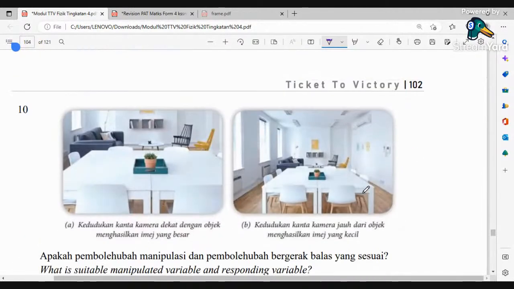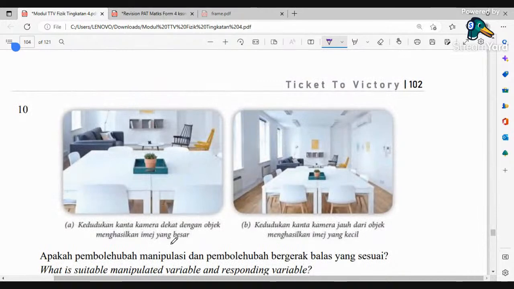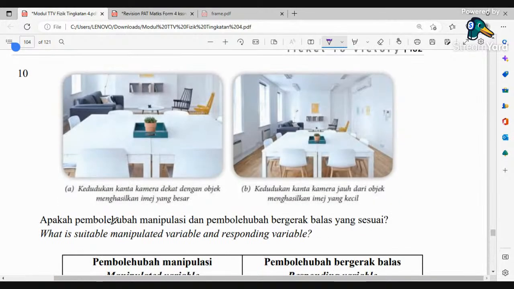Okay, number 9. What is suitable manipulated variable and responding variable? First, position of the eyepiece close to the object produce bigger image. Position of eyepiece further from the object produce smaller image.